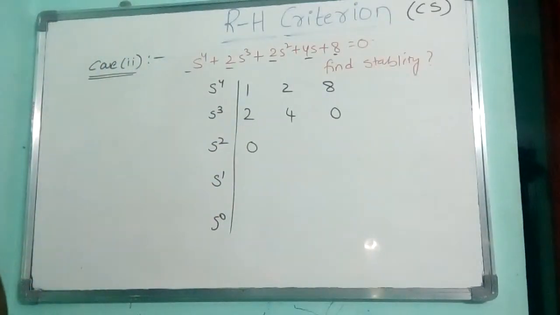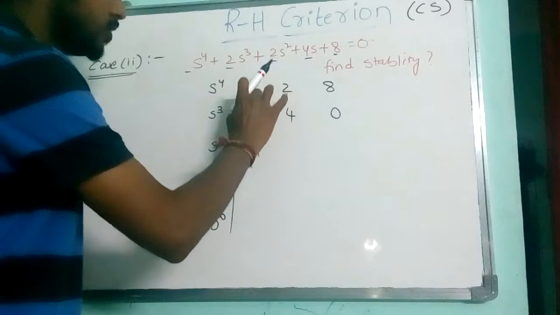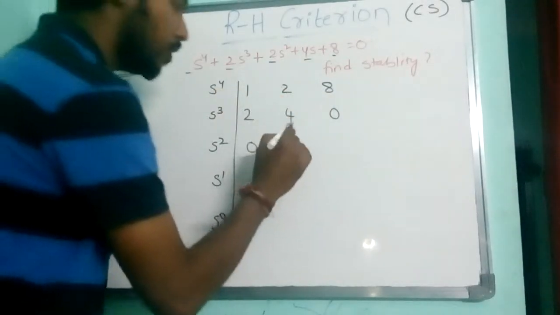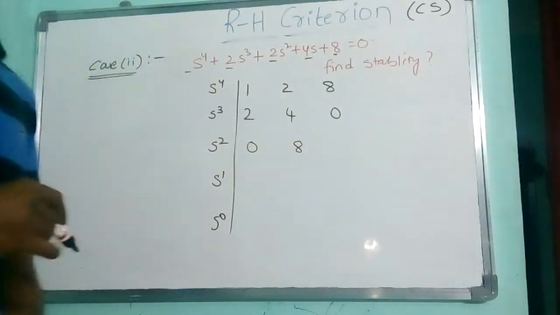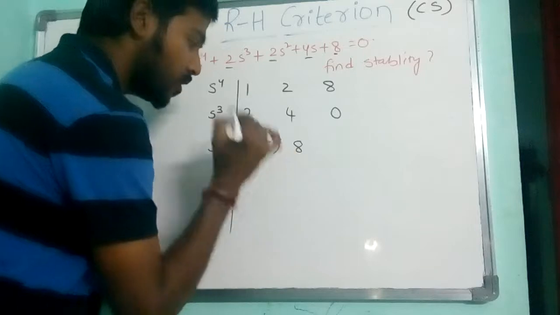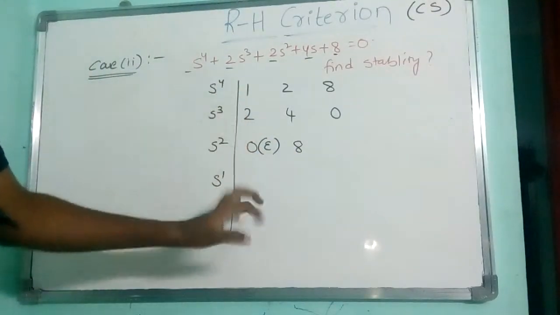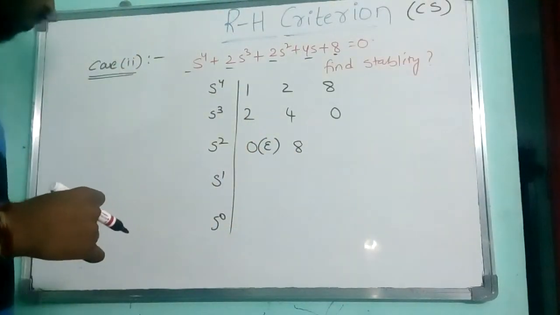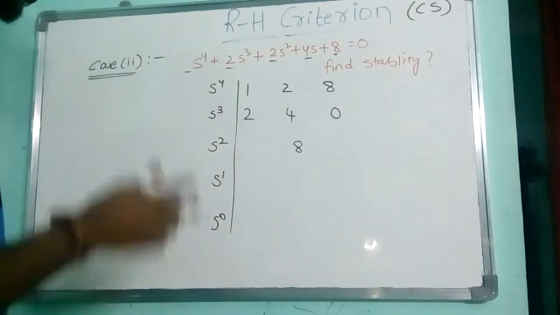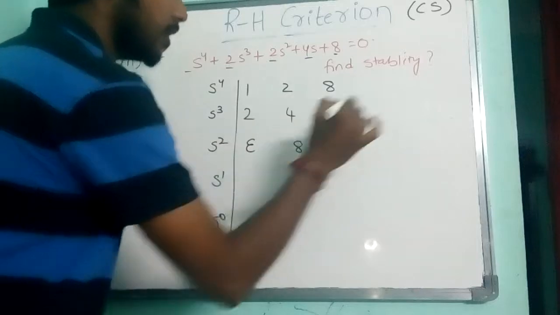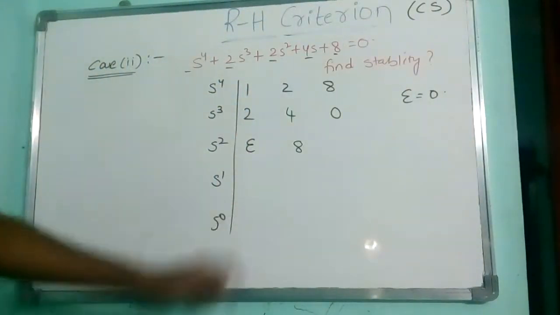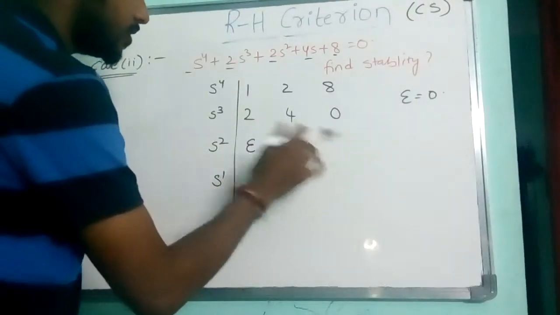Here I am getting 0. 1 2s are 2, 2 8s are 16, 16 by 2, 8. Now what do you do if I get 0? Just replace it with epsilon and continue your process. No need of panicking or stopping the problem. Wherever I got 0, I am putting epsilon. Write down for yourself, epsilon is tending to 0 if you don't remember. Continue the process, that's it.